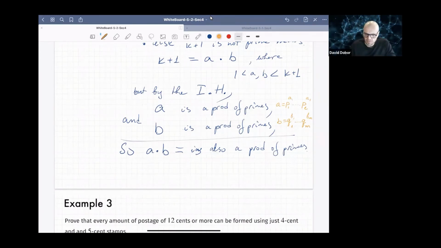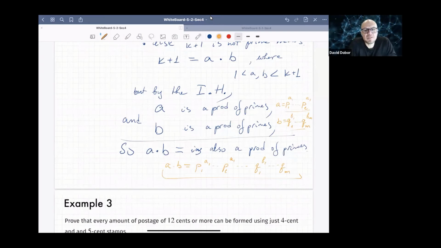So therefore, A times B has to be a product of these primes with those powers, right? Some of these may be repeated, but still, it's a product of primes. So here is the decomposition of A times B.